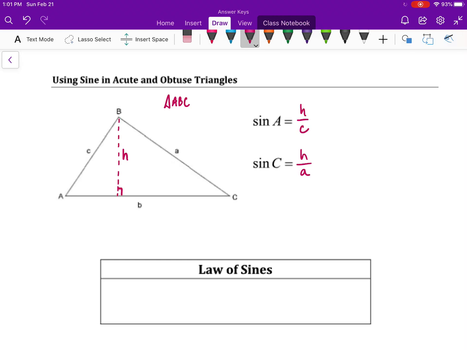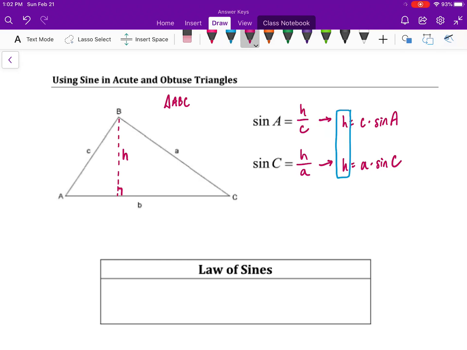And we can isolate the h in both of these equations. We can turn this into h equals c times sine of A, and the second equation we can turn into h equals a times sine of C. In both of these equations, h is going to be the same length because they both represent the height of this triangle.